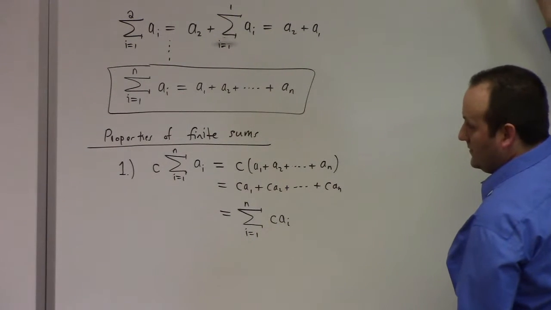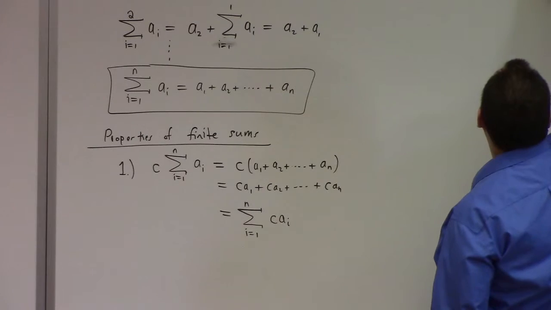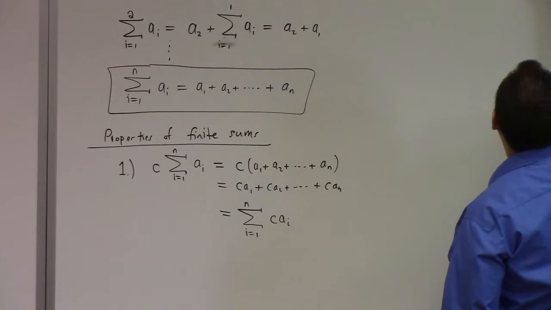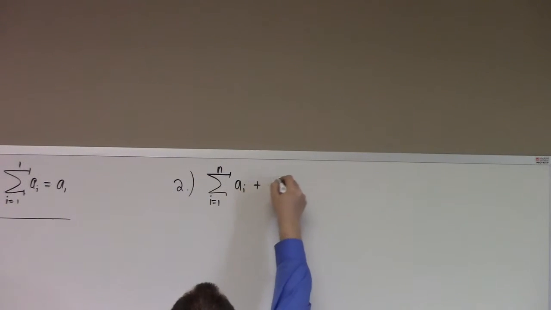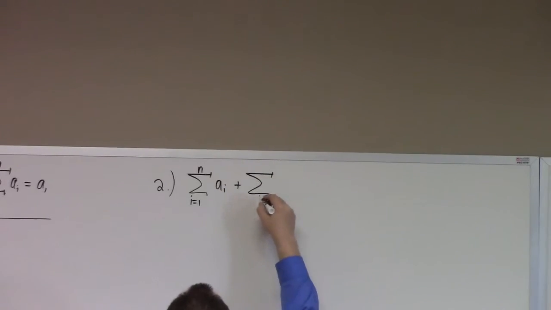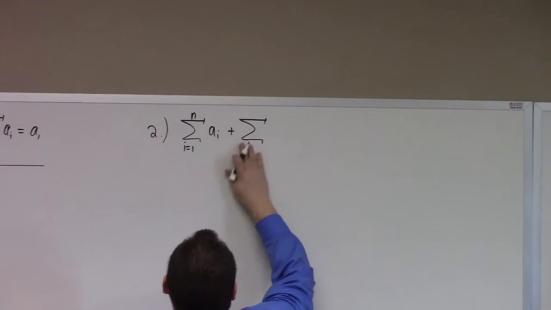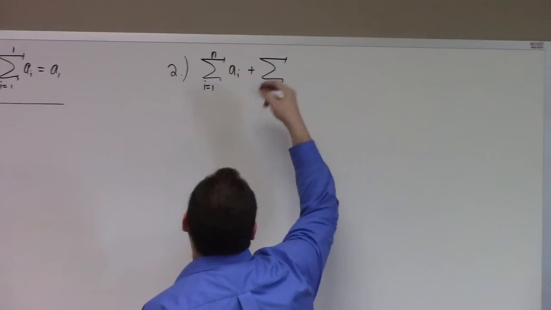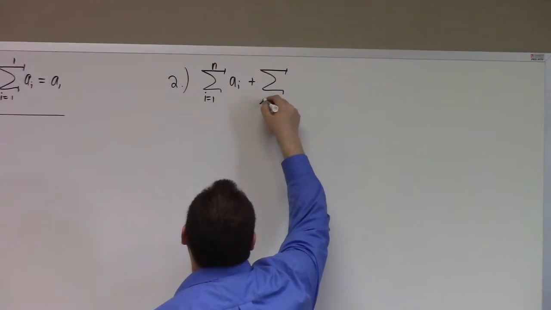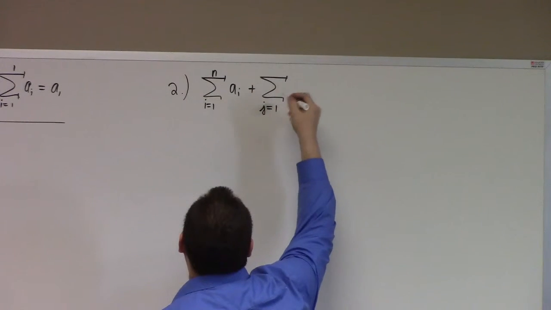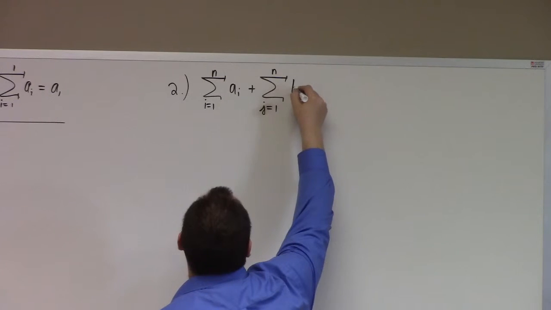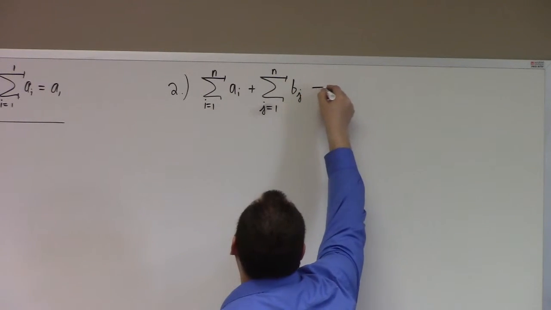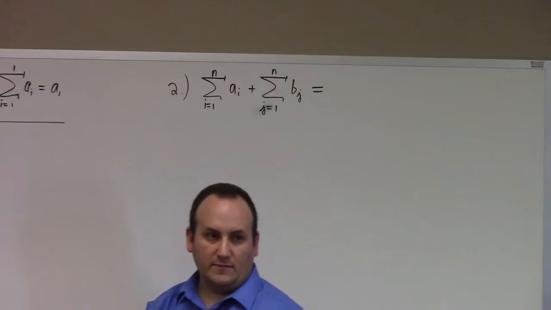All right, so another thing, if we take the sum from i equals 1 to n of a sub i plus the sum from j equals 1 to n of b sub j. Well, I could use a different letter even. I don't usually put a different letter here, but I will just for the sake of making a point. Well, let me just write out what those are.